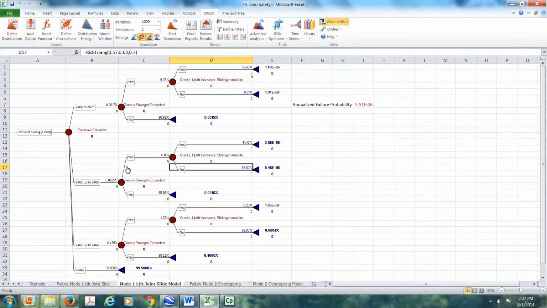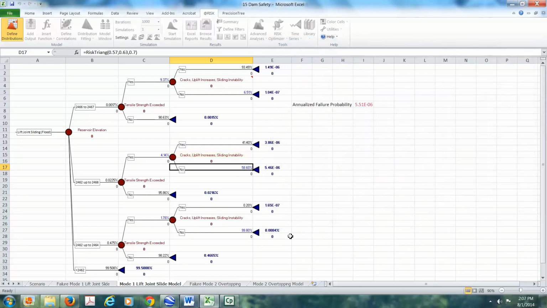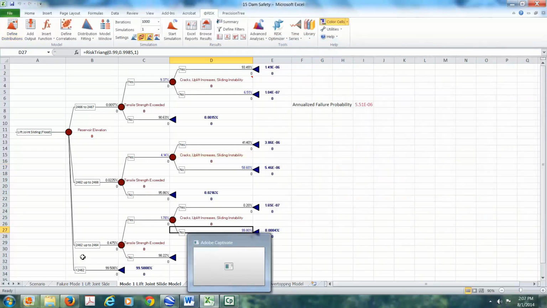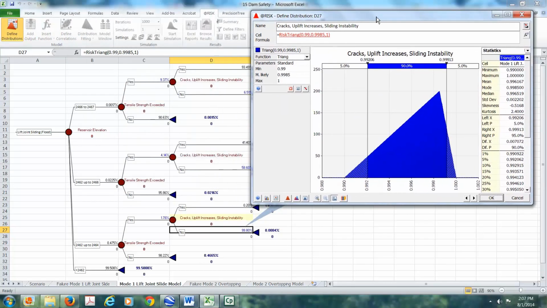Now if we look at a lesser flow, we find the probability that there is no cracking, uplift, or sliding has increased considerably from 57 to 70%. Correspondingly then, you know that the probability that there will be cracks is decreasing. And then finally down here, when we have a flow in the 2,462 to 2,464 range, we see the probability of no cracking is quite high. It's between 99 and 100%.